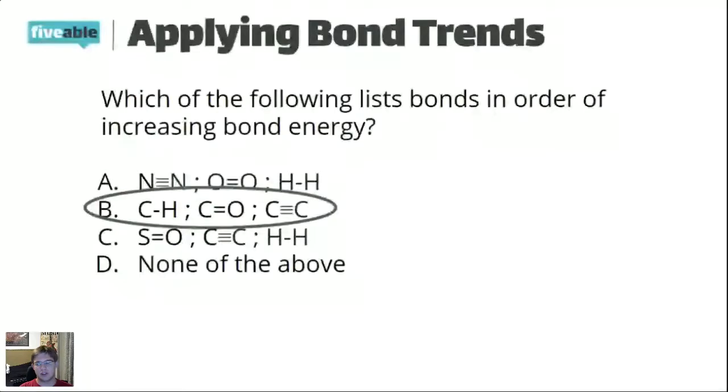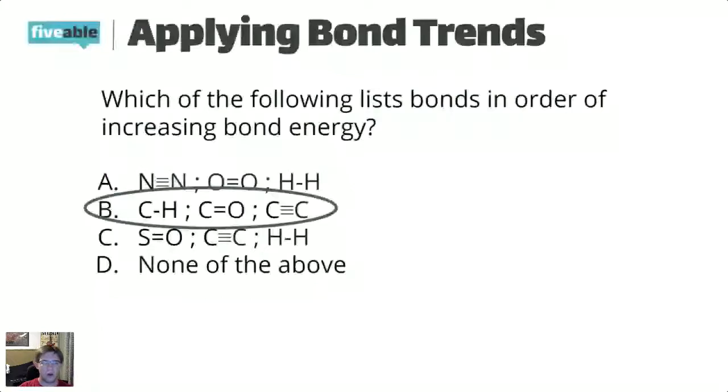So nitrogen would be the shortest bond length, oxygen longer, hydrogen even longer. Or they might just have confused the rule. But B, because we're going single, double, triple, will have a higher bond energy as you move forwards. So that's why B is the correct answer in terms of this question.